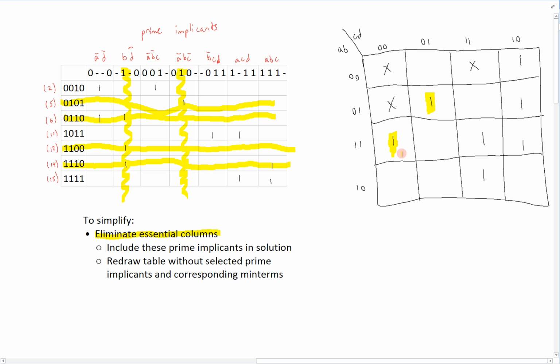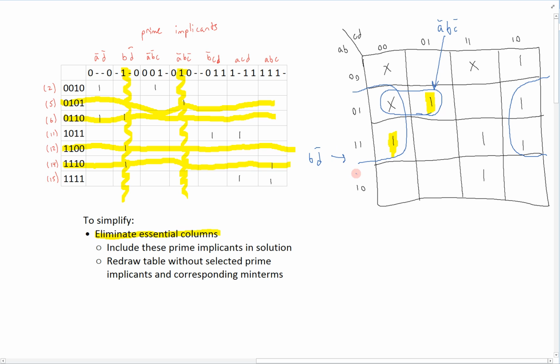And the prime implicants that do so, this first one over here was A bar, B, C bar. That's this encirclement here. And the other one, B D bar, is this one over here.